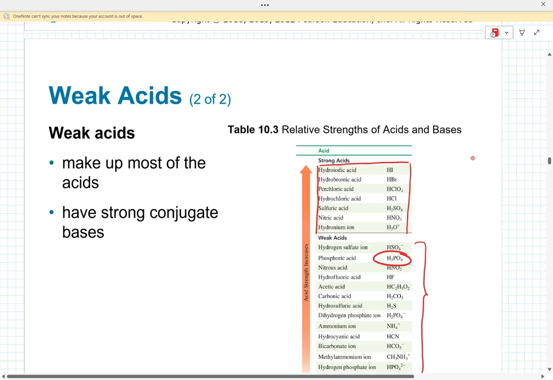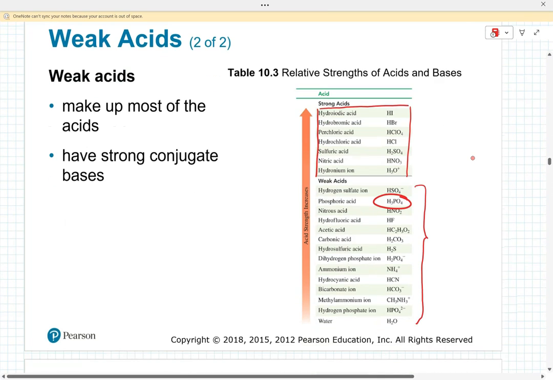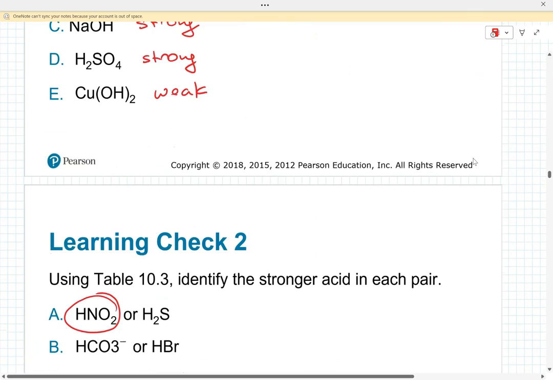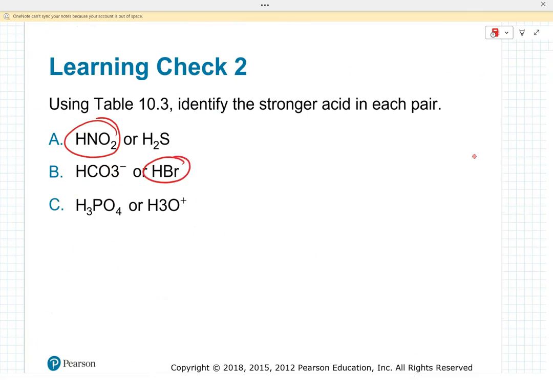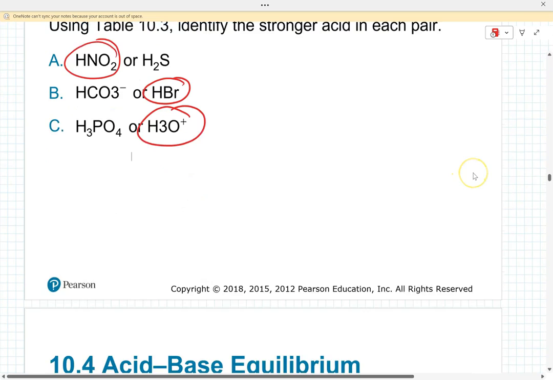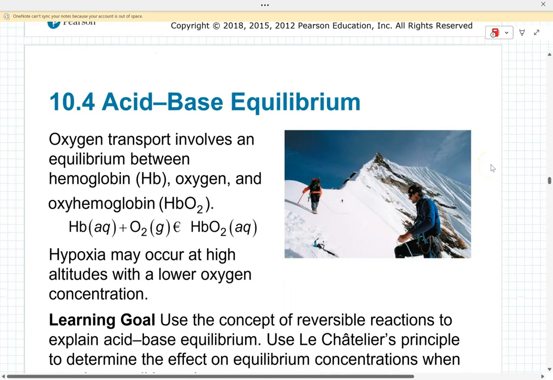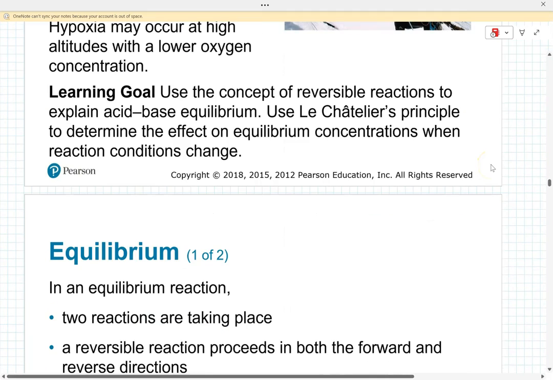Yeah, it's considerably stronger. Hydrobromic acid is stronger, and the hydronium cation is stronger here. Does that make sense to you?